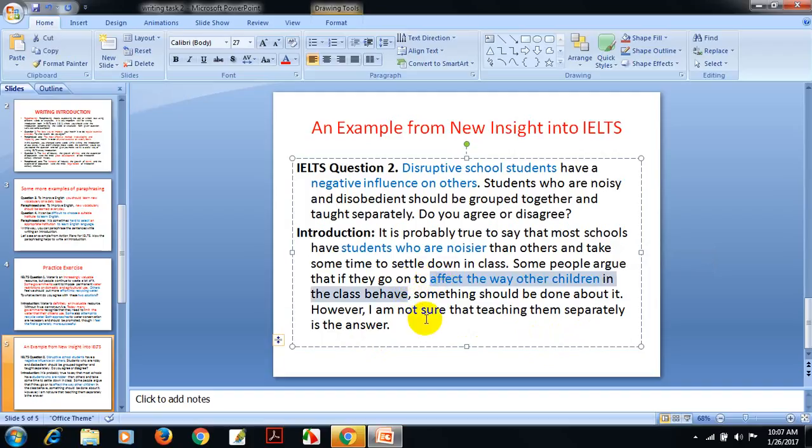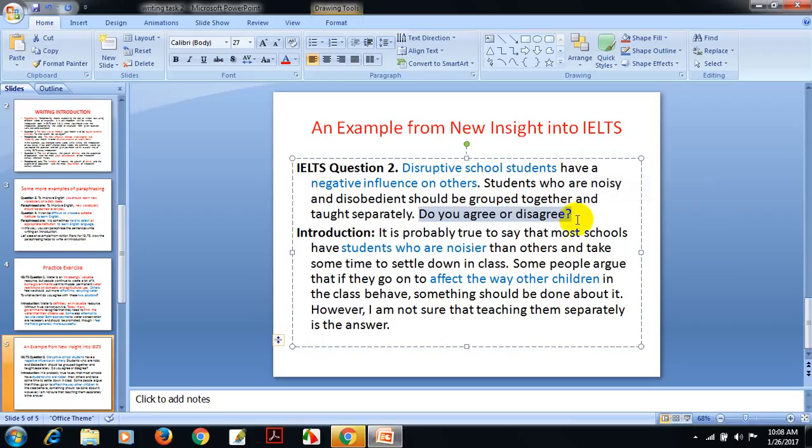Yeah. Now, have a negative influence on others. Look here. Affect the way other children in the class behave. And this one is left. Do you agree or disagree?